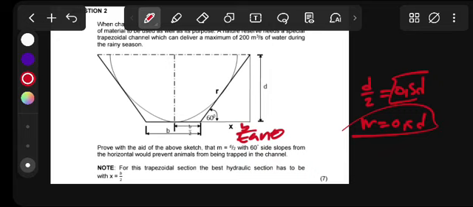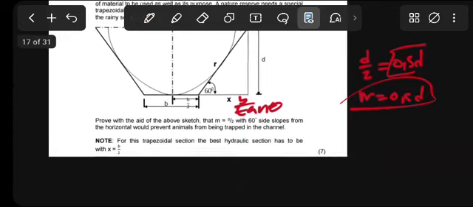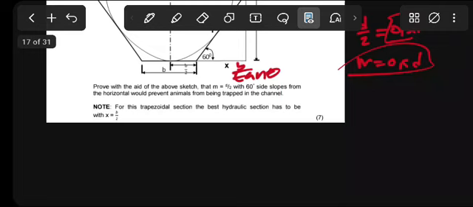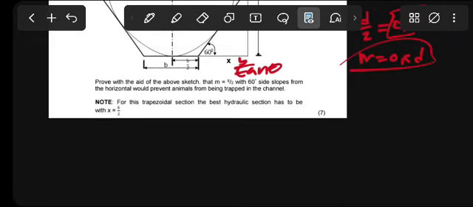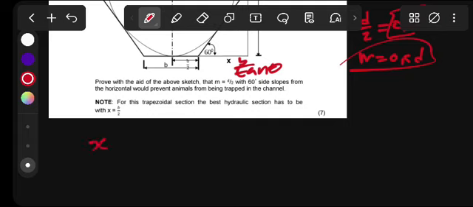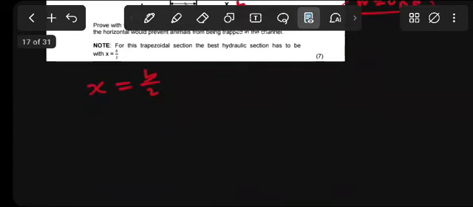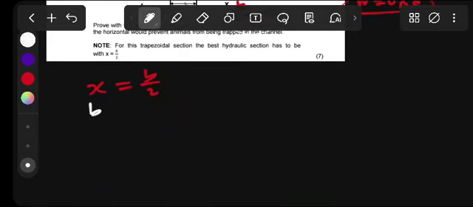So let us go into our working. They said this should be equal to that. The hint is that X should be equal to B over 2, but X is also B over tan theta. We know that X will be equal to B over what? Tan theta is equal to B over 2.